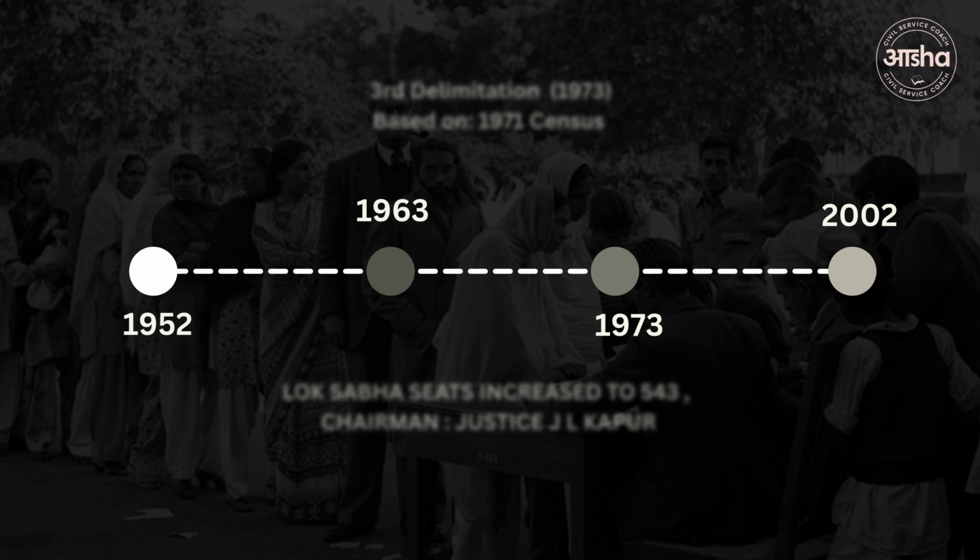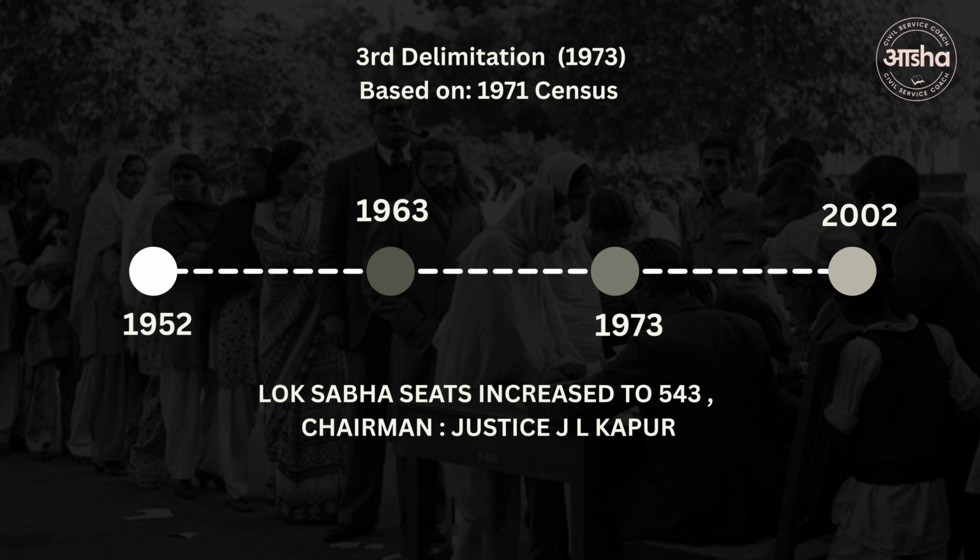In the third delimitation of 1973, the seats were increased to 543. During the emergency in India, the government passed the 42nd Constitutional Amendment Act. The seats were frozen based on the 1971 census. Later, this freeze was extended till 2026 by the 84th Constitutional Amendment.